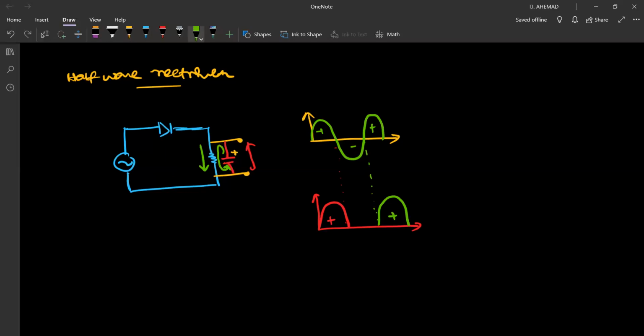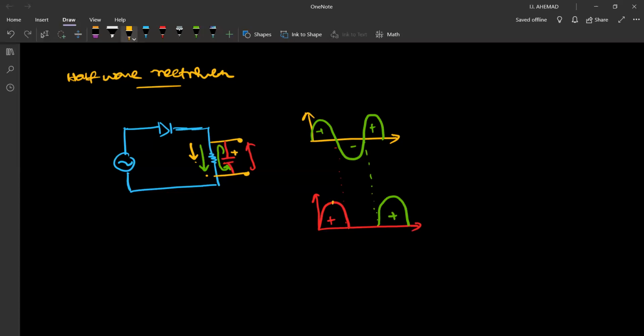Can you remember when this diode was forward biased, this was the direction of current. When the capacitor discharges, again the current is in the same direction. So during this period where the value tries to become zero, because we have a capacitor now, there's a current flow. Now this value doesn't become zero.